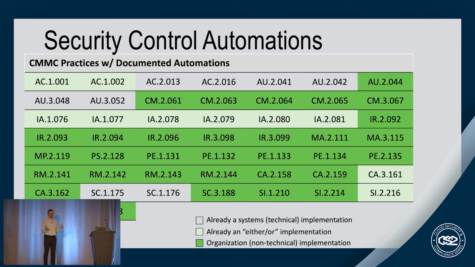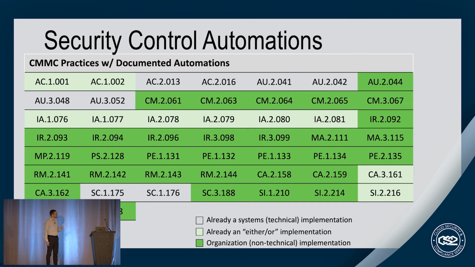Now the color coding here, all we're saying is that if it's not shaded at all, that means that it was already a systems implementation. So we're just not trying to give ourselves too much credit for automating a systems implementation. It was probably going to have some automated capabilities anyways. If it's the lighter green, it's one of those either-or implementations in the control summaries, an O/S that could go either way. So again, you could probably have automated this without a lot of innovation.